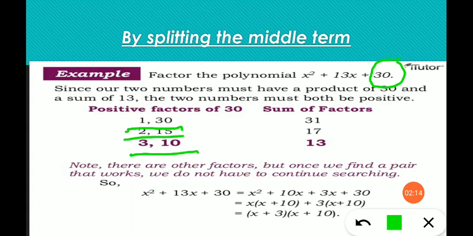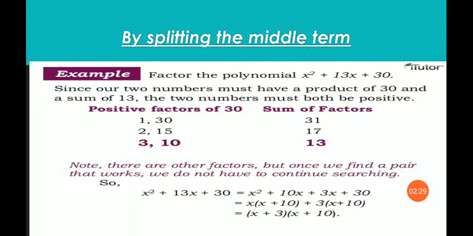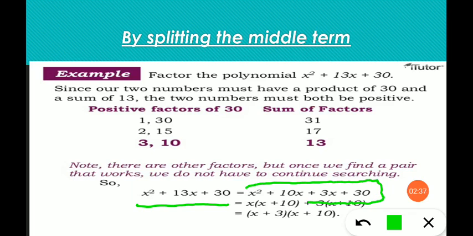We have to choose those two factors which on addition or subtraction give us 13. So here 3 and 10 on addition give us 13. So we can write x square plus 13x plus 30 as x square plus 10x plus 3x plus 30.